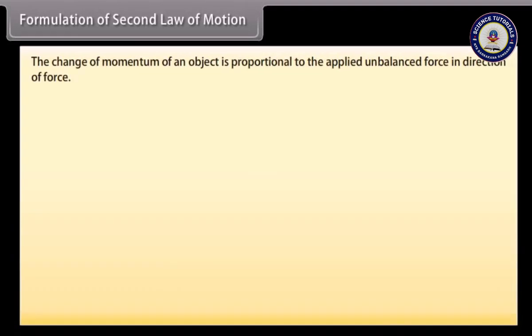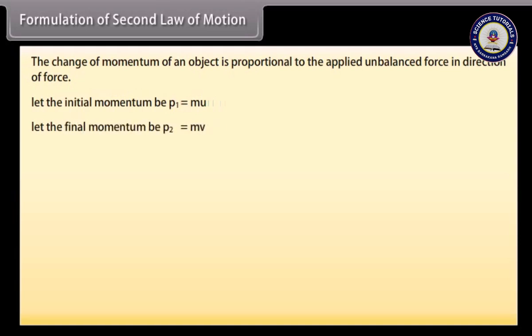Formulation of second law of motion. The change of momentum of an object is proportional to the applied unbalanced force in the direction of force. Let the initial momentum be P1, which is equal to mu. Let the final momentum be P2, which equals mv.